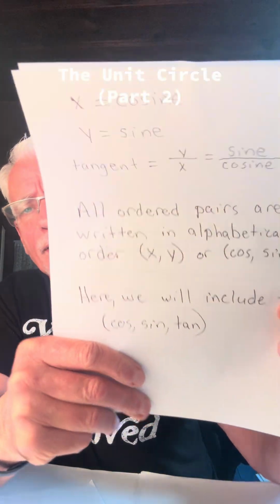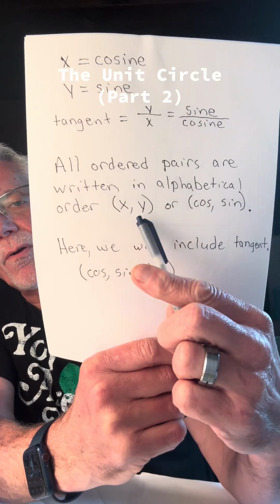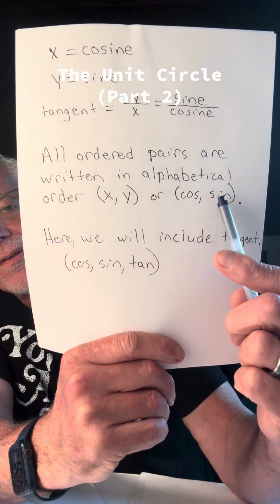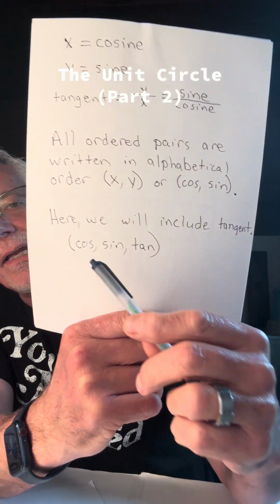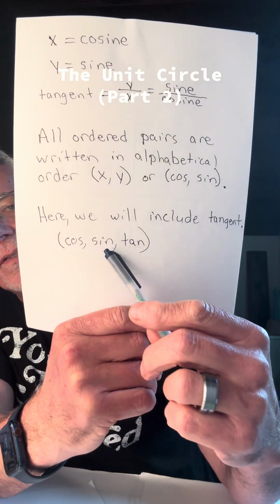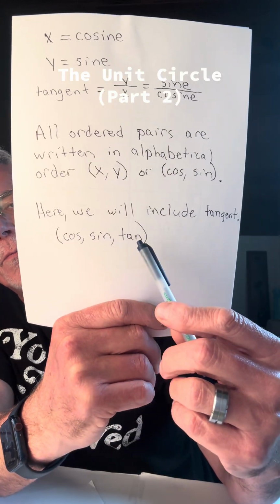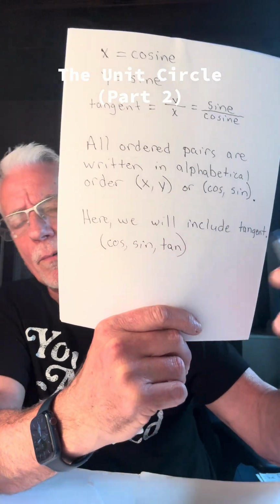All ordered pairs are written in alphabetical order. Notice x comes before y and c comes before s. We're going to include tangent right here, so it goes cosine, comma, sine, comma, tangent. Notice c comes before s comes before t, so those are in alphabetical order also when we represent them as triplets.